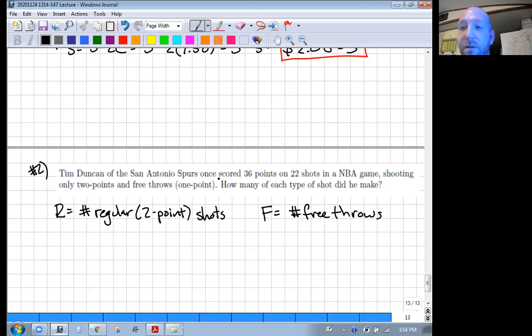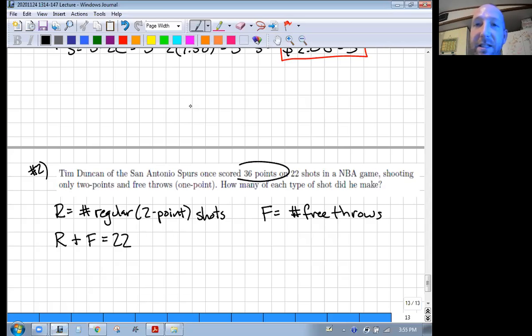So one day he had 22 shots total and scored 36 points. If he had 22 shots, that means the number of regular shots plus the number of free throws was 22. So that's one equation.